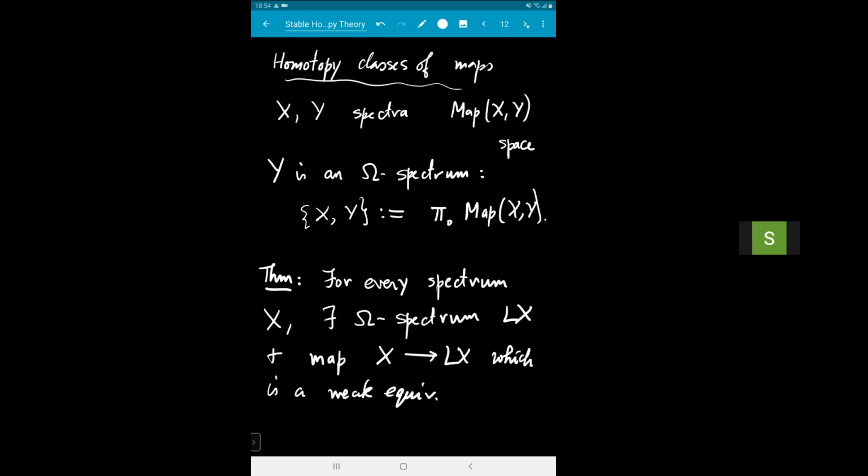You have to replace the target with a fibrant one, which is an omega spectrum in the usual model category structure. But I don't want to talk about the model category structure here because I still have a couple of things to say before I stop. So that's one thing that defines homotopy class of maps.